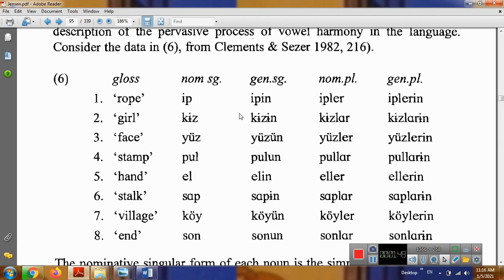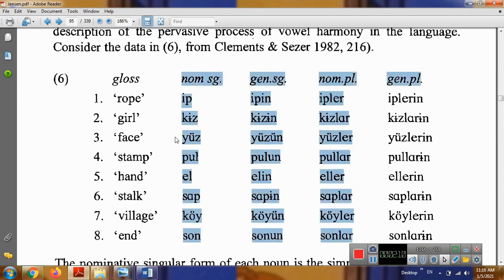As I told you, for phonology, one of the important matters is that you should be able to analyze the data to find the rules. We had such words in Turkish, and we have their different forms. For example, nominative singular.